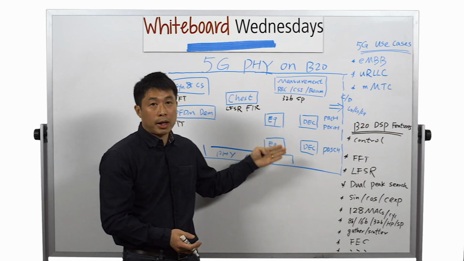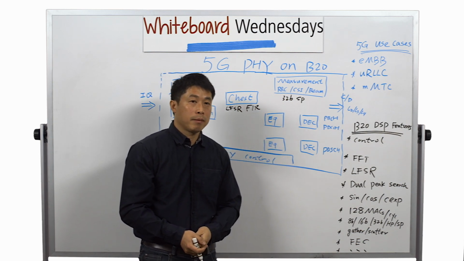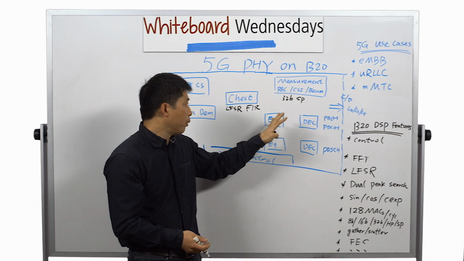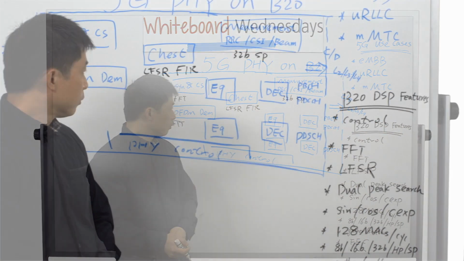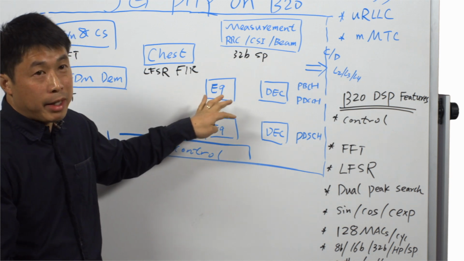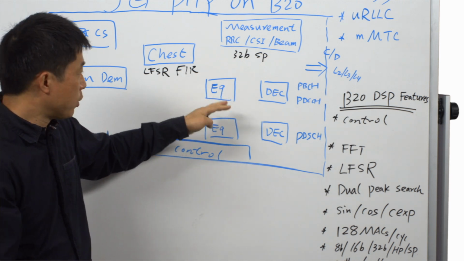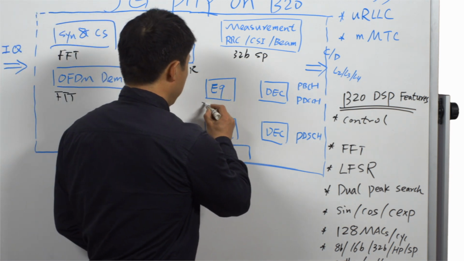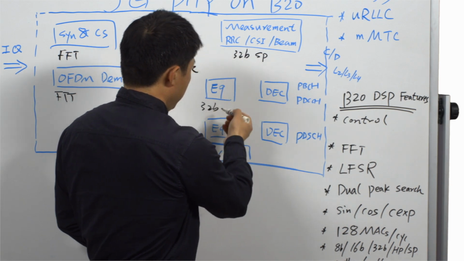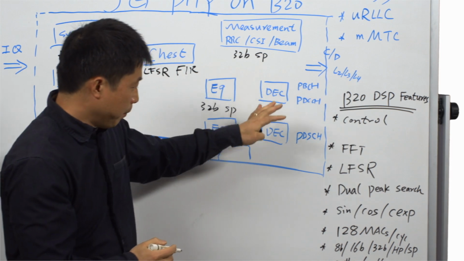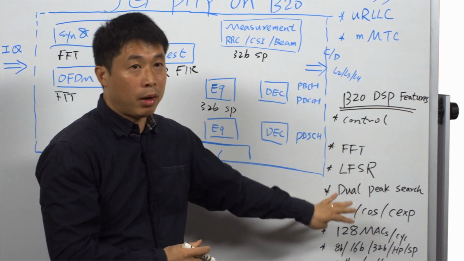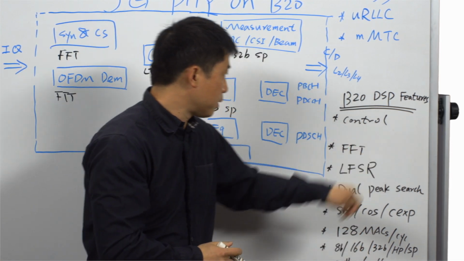It does MIMO equalizer, layer demapping, descrambling, and outputs the soft information to the decoder module. Because of the massive MIMO, you also need high precision support in the equalizer module. Again, we have the 32-bit native support and the single precision support on the DSP.